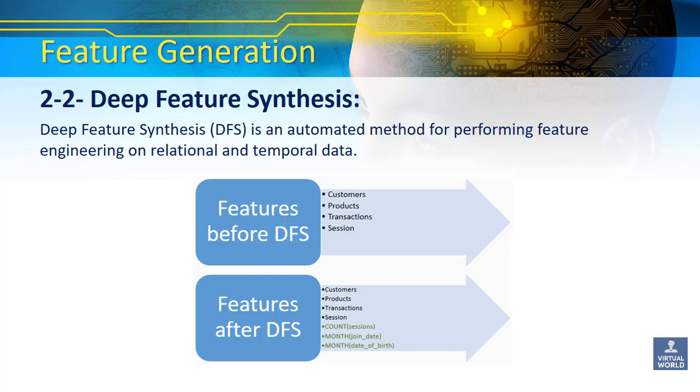These features can be generated by DFS. In this example, we have 4 features, and after applying DFS, we now have 3 new features out of our original 4, and they are count of sessions, month of join date, and month of date of birth. These new features have a huge opportunity to increase your model accuracy.